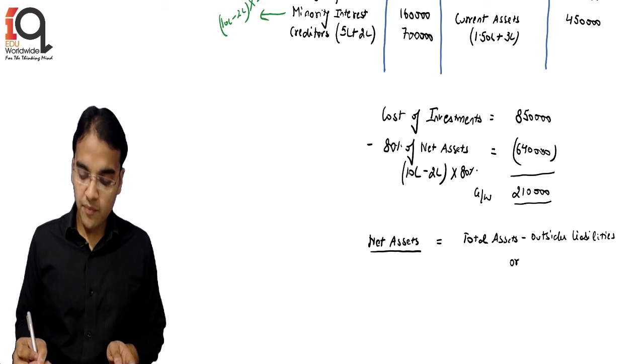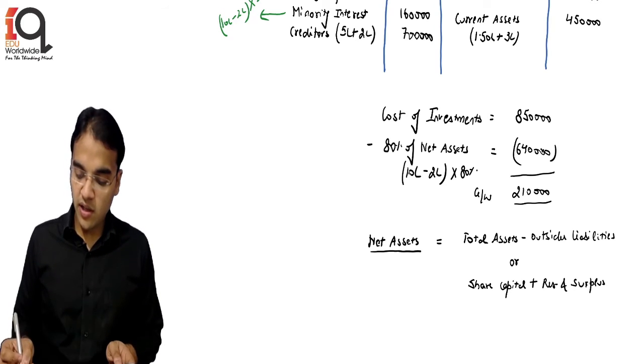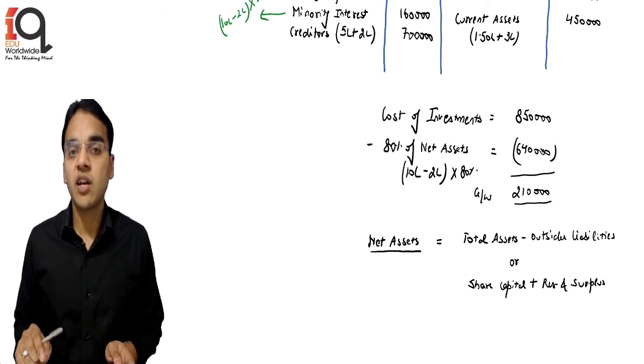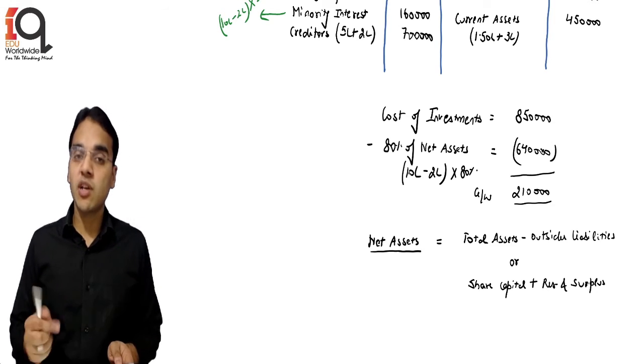Or you can say share capital plus reserve and surplus. That is one and the same thing. There is no difference at all. So that is one and the same thing. Total asset minus outsider liabilities, or you can say share capital plus reserve and surplus. So that is your 8 lakh which was coming up.